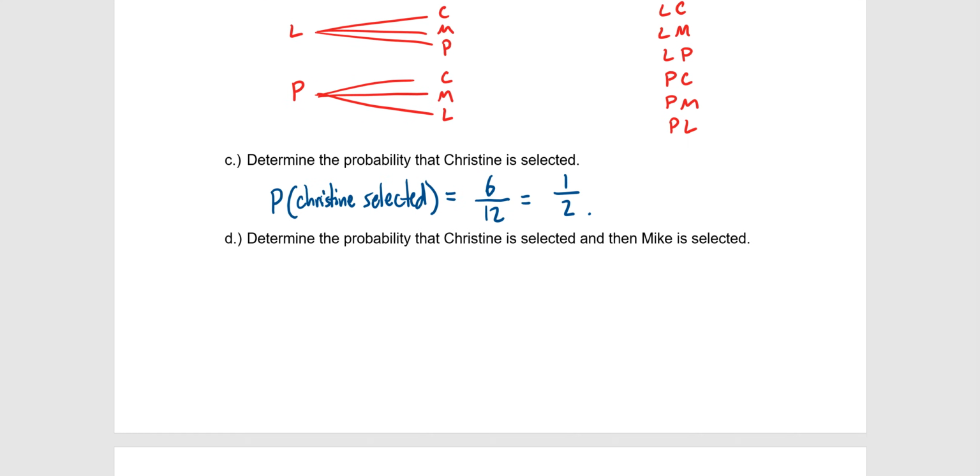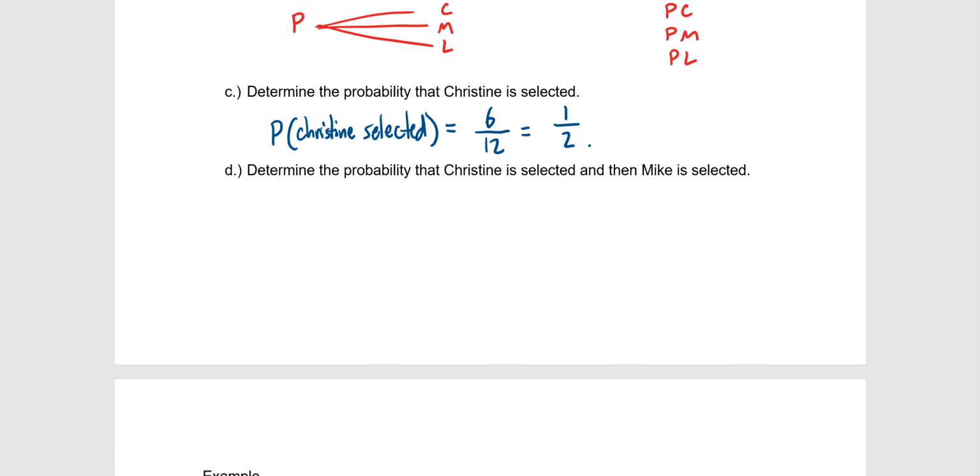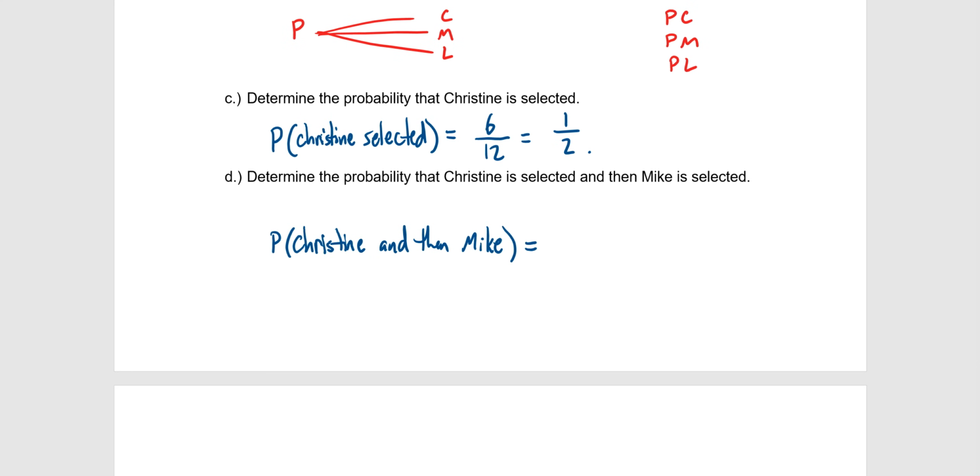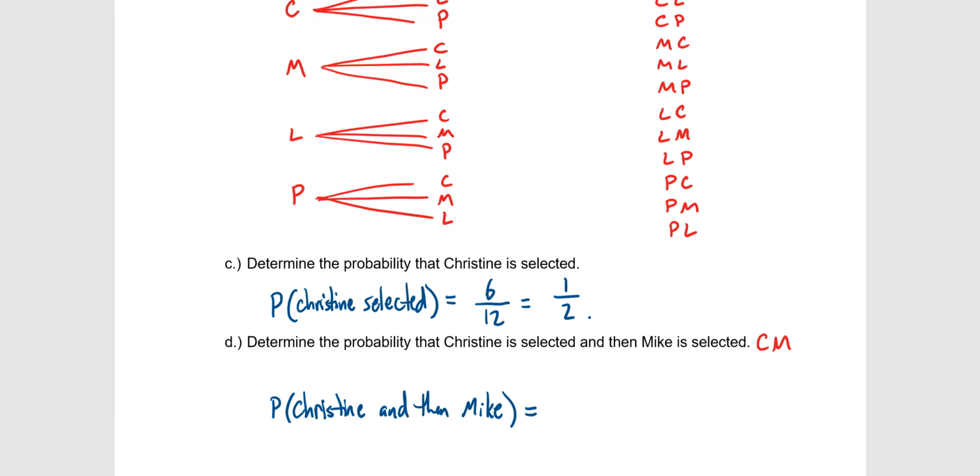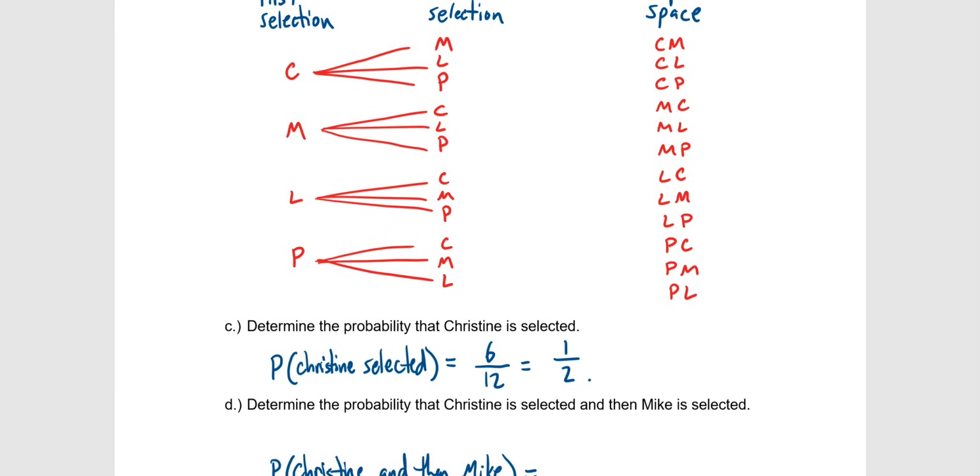Now for the next one, we want to determine the probability that Christine is selected and then Mike is selected. So what we are looking for in the sample space is a CM and how many times that happens. There's only once where we see Christine and then Mike.